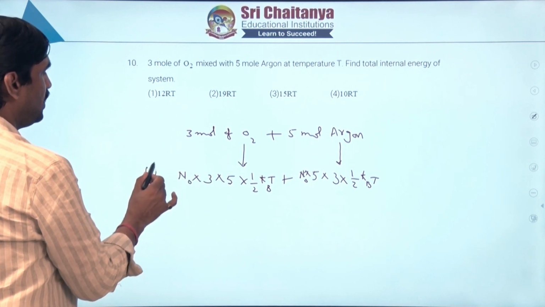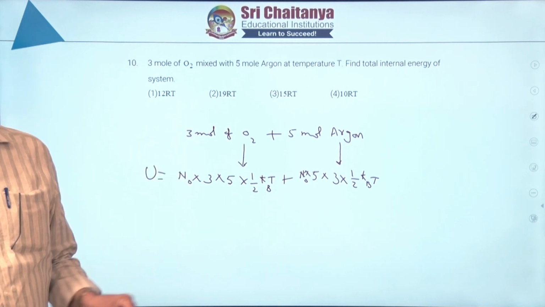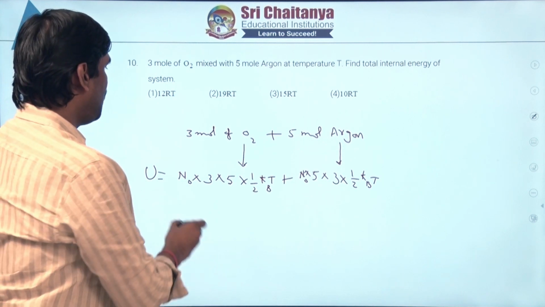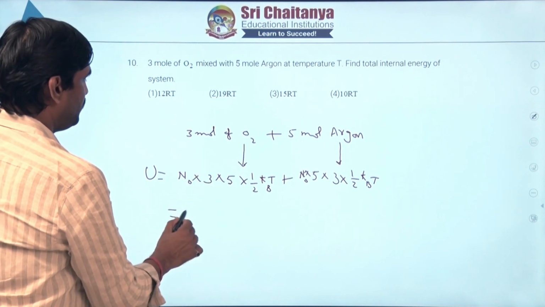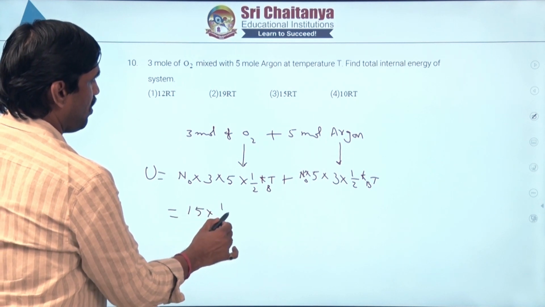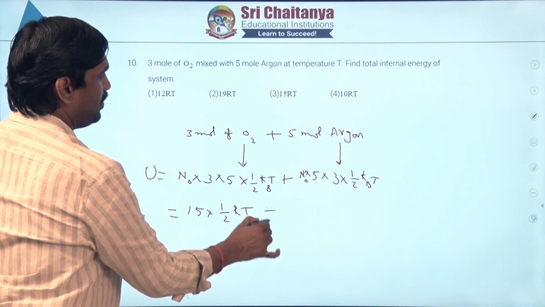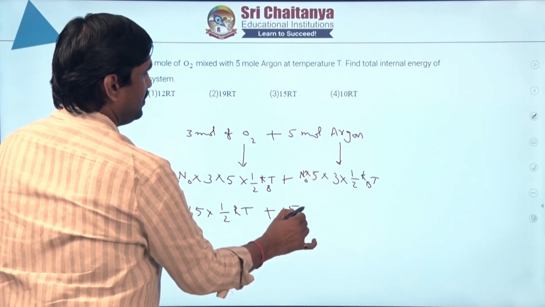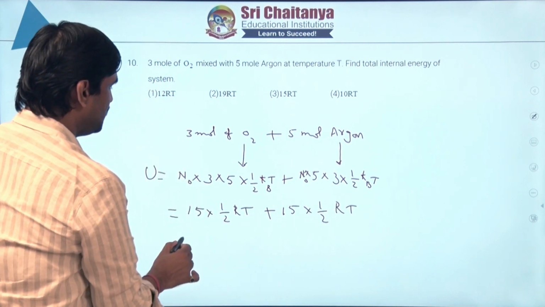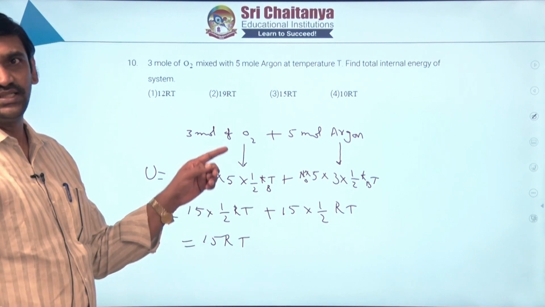Now, this is the total internal energy of the system of these 2 gases. Which is equal to 15 into N naught kB, that is R, T, plus 15 into RT. Now, this total is equal to 15 RT. So, the third option is correct here.